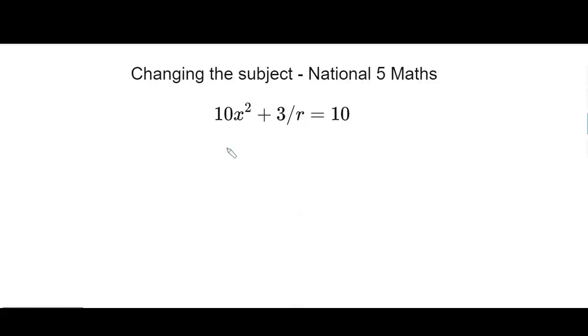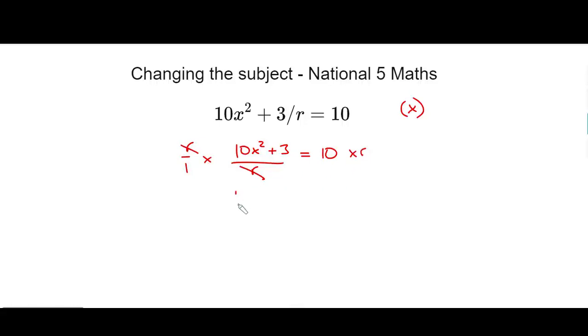Again, we want x. We've got 10x squared plus 3 divided by r is equal to 10. We've got an x squared term here, so this is slightly trickier, but not too bad. Again, divided by r, so if we multiply by r, it just cancels, and we times by r on this side.